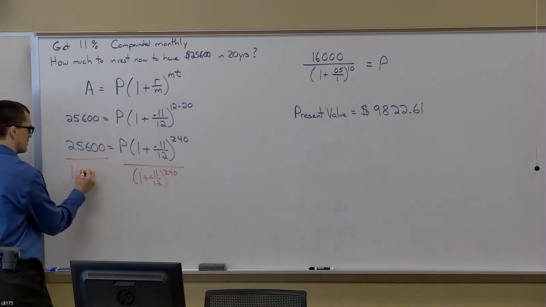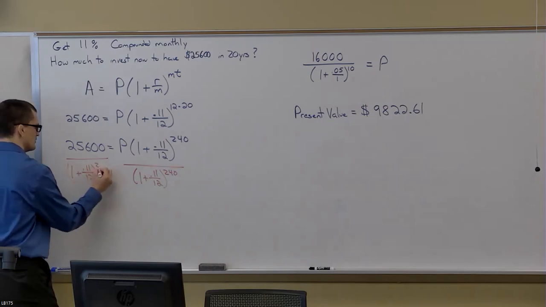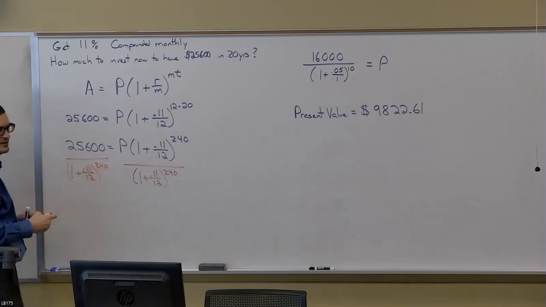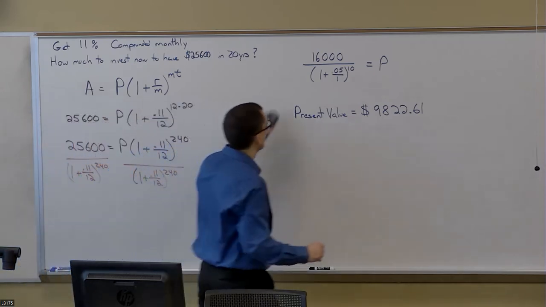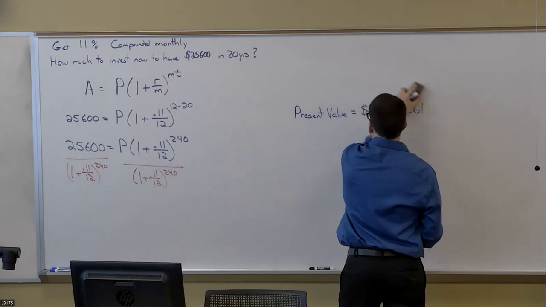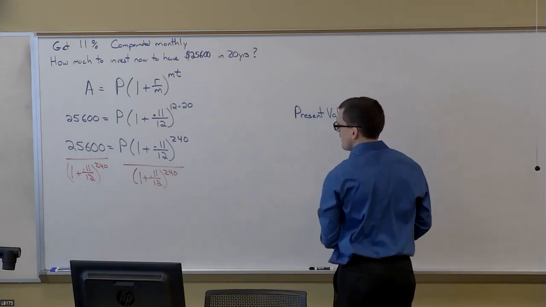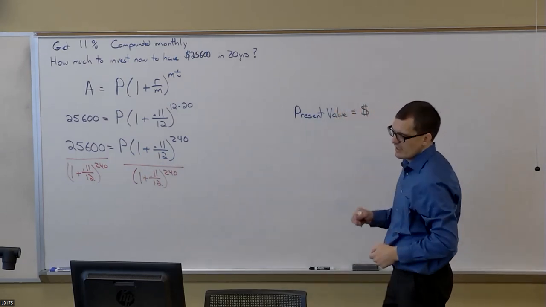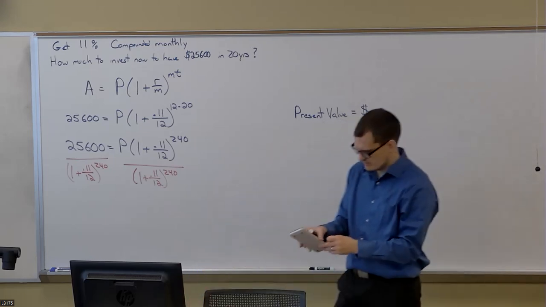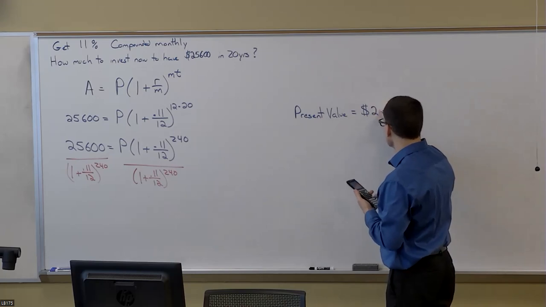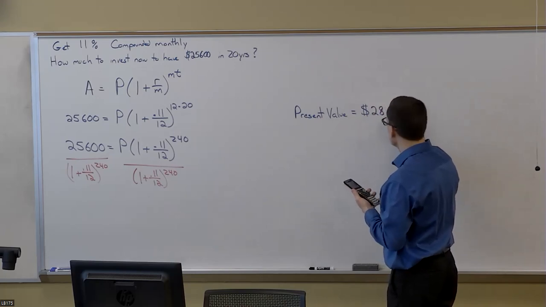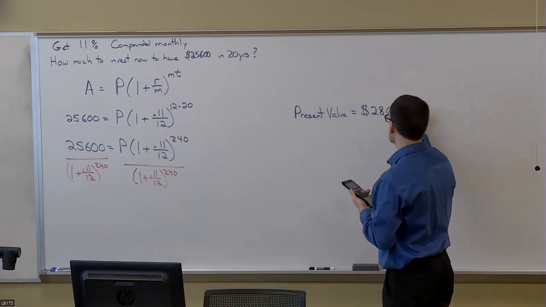Divide by 1 plus 0.11 over 12 to the 240th power. Okay. And we get a present value of $2,865.13.